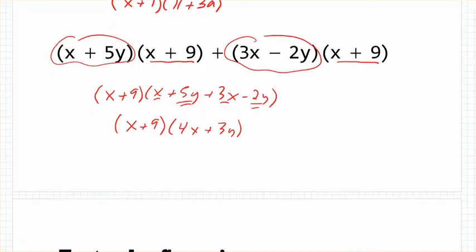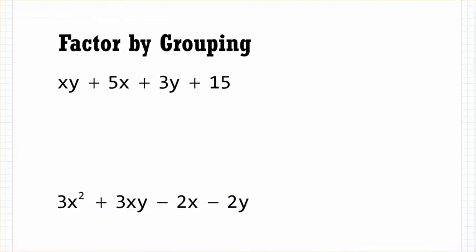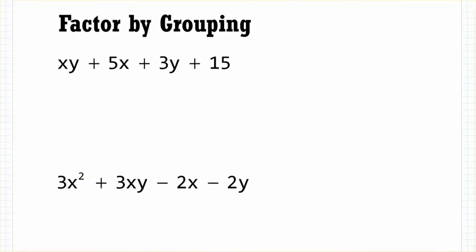Now sometimes when we work with factoring, greatest common factor, we can't find a common factor for all terms. So if we look at this example, while we have an x in the first term, we have x in the first two terms. We don't have x in the other two terms, so we can't factor an x out.